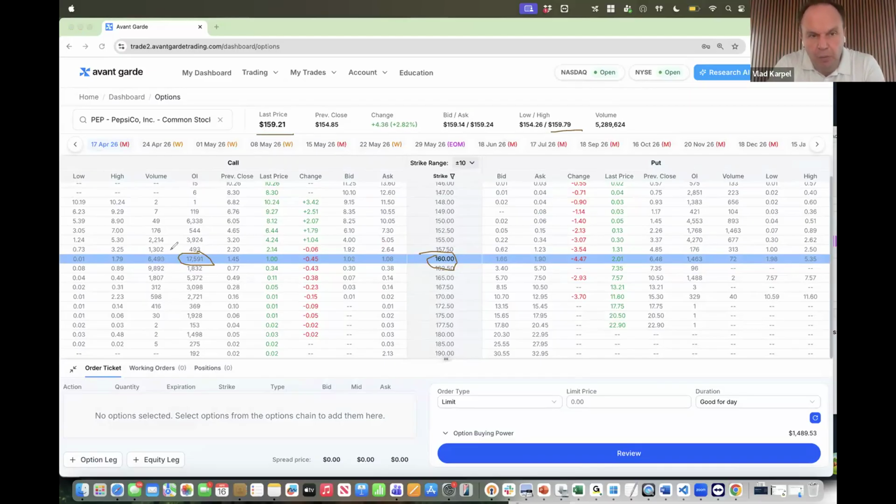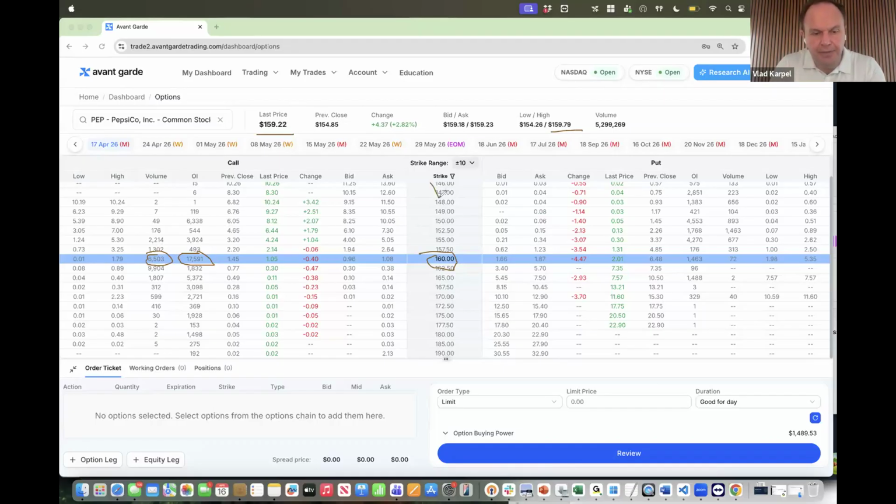So looking at the open interest and looking at the volume can help you determine what the support and resistance levels are. And the stock opened somewhere around 158, 157. So this is a great way to determine the probability of Pepsi reaching 160 from yesterday to today and staying there.